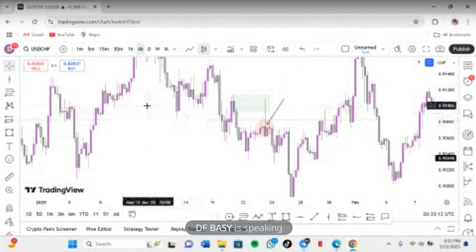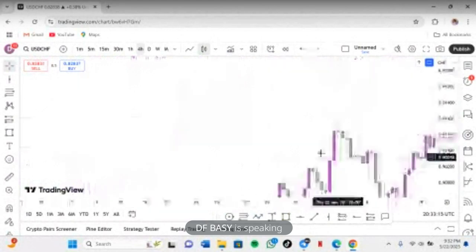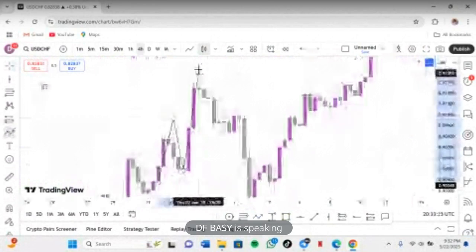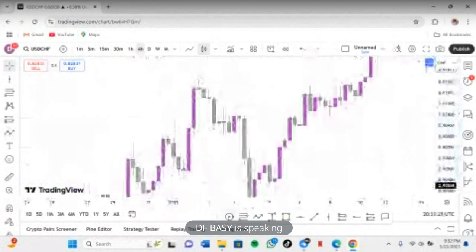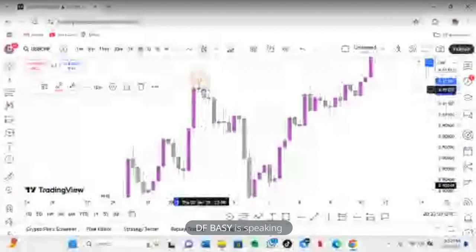Just like what happened here. There's a hammer here. You can see this hammer here. So immediately the price was bullish from here. It came up here. Then you see there's a hammer here, right? So what made that hammer appear?